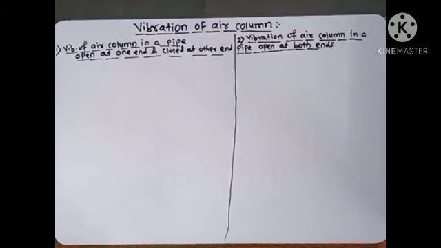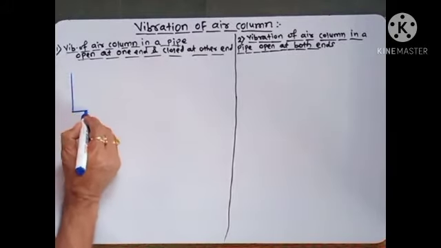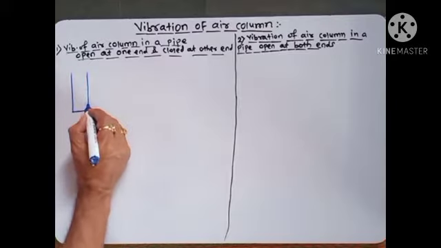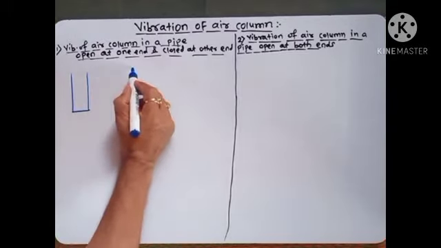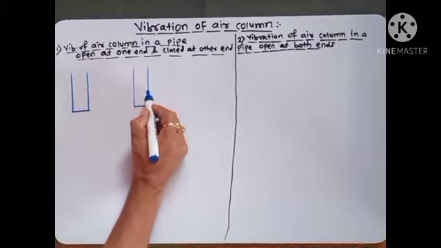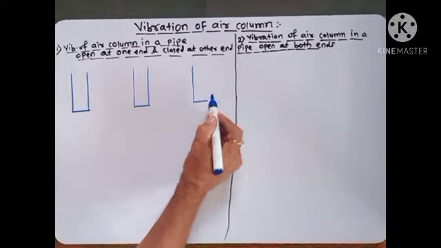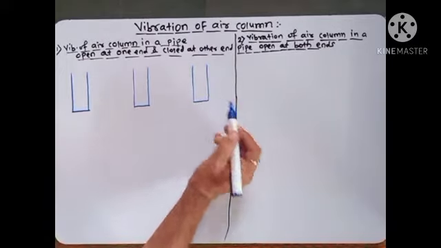Suppose we consider three different diagrams. Here, suppose this is a pipe open at one end. We will see same thing here, same length of pipe, and here we consider the third one. Length is same.